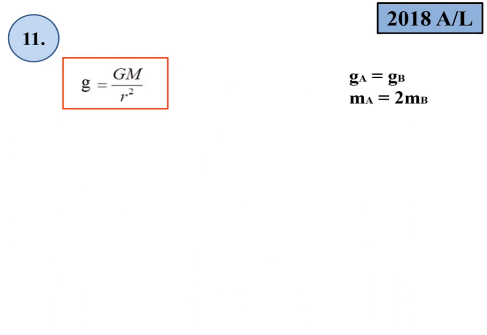In the data, the gravitational acceleration g at the surface of the 2 planets is equal, and capital G is also equal, since it is a universal constant. We could apply this equation to both planets, but it is not needed because there are many constants here.